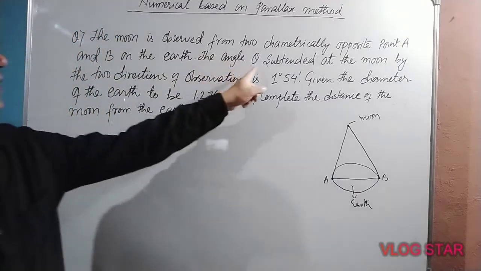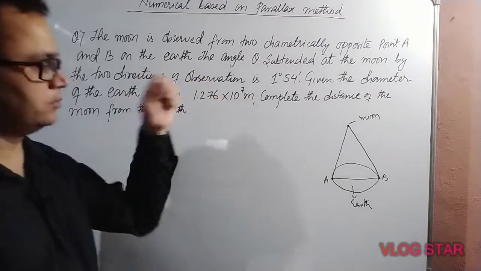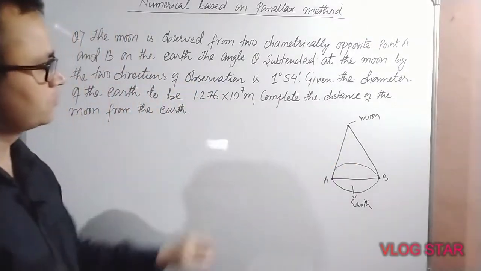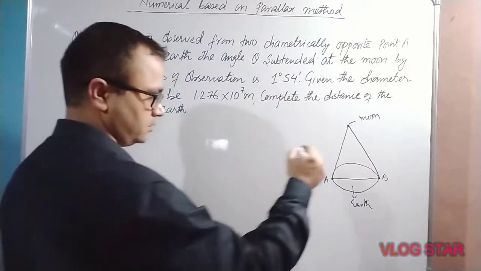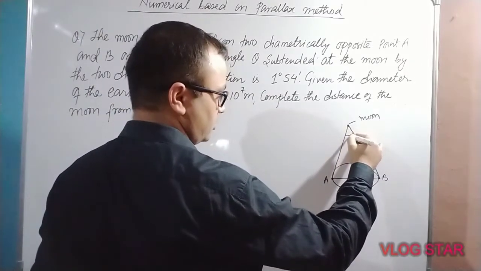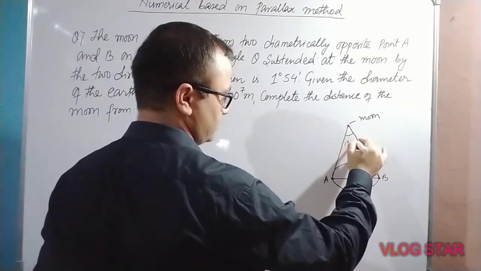The angle theta subtended at the moon by the two directions of observation is 1 degree 54 minute. This angle is known as the parallactic angle.